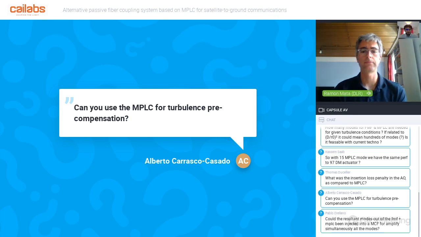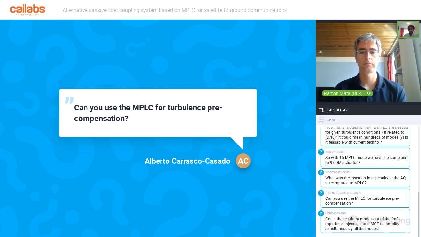Could you use the MPLC for turbulence precompensation? That's a very good question, and it's really something that we would like to try. In theory, it's doable. You just need to manipulate the phase at the input of the MPLC to choose the mode that you want to excite, with the phase that you'd like to shape the beam at the output.